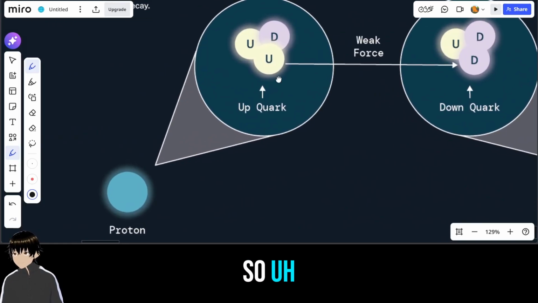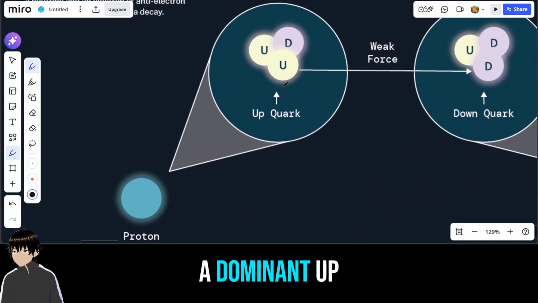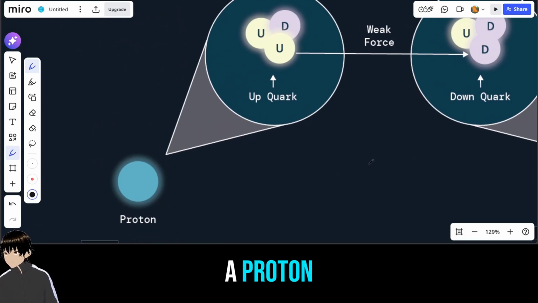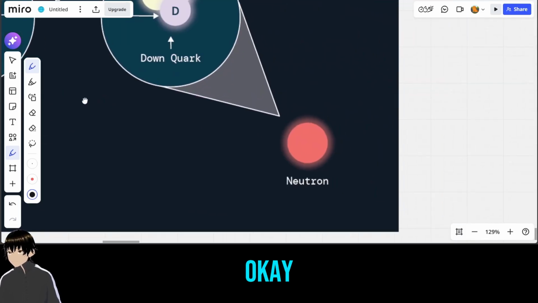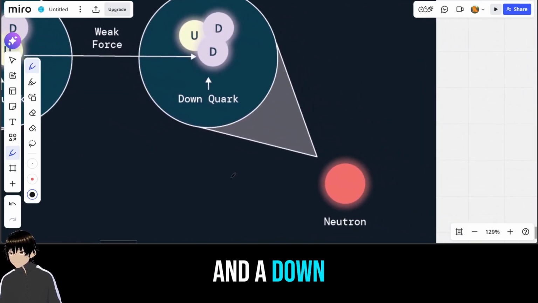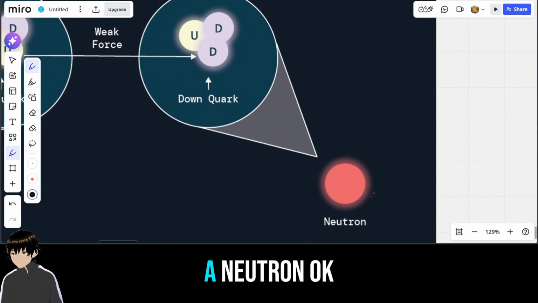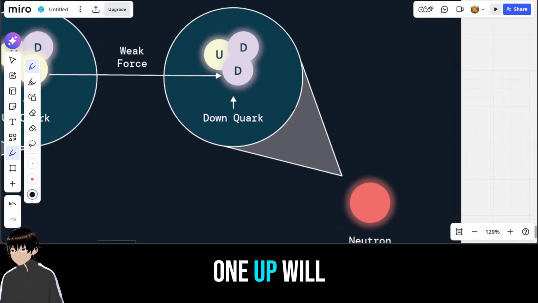So a dominant up quark will make a proton, and a dominant down quark will make a neutron. Two downs and 1 up will make a neutron.